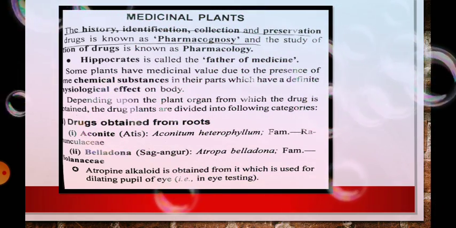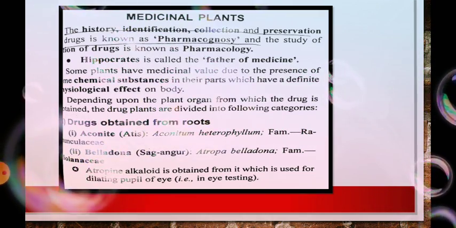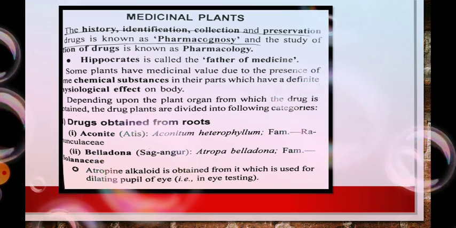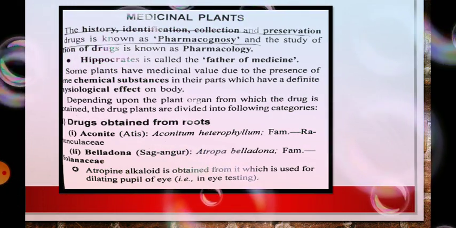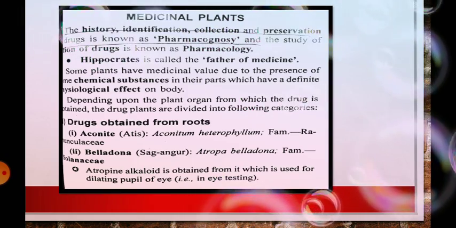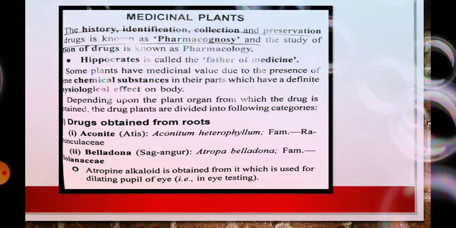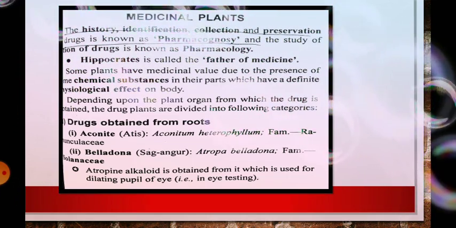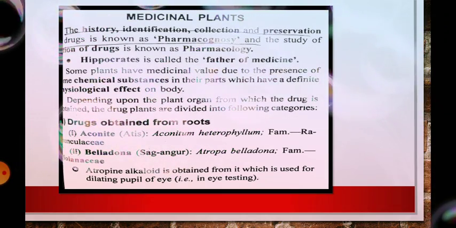Depending upon the plant organ, whether roots, stem, leaves or bark, from which the drug is obtained, the drugs of plants are divided into the following categories.